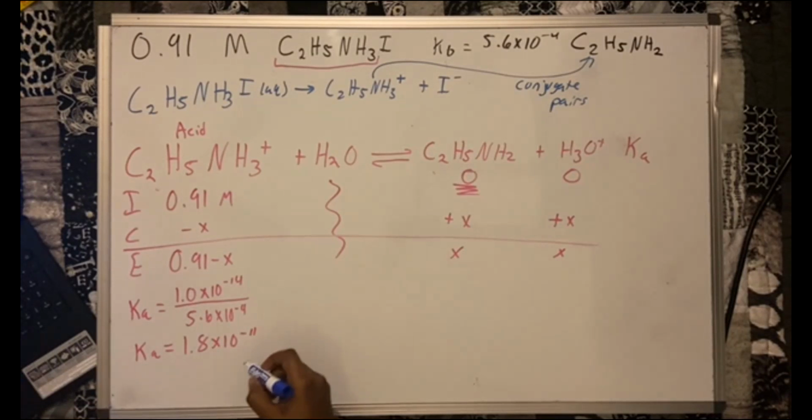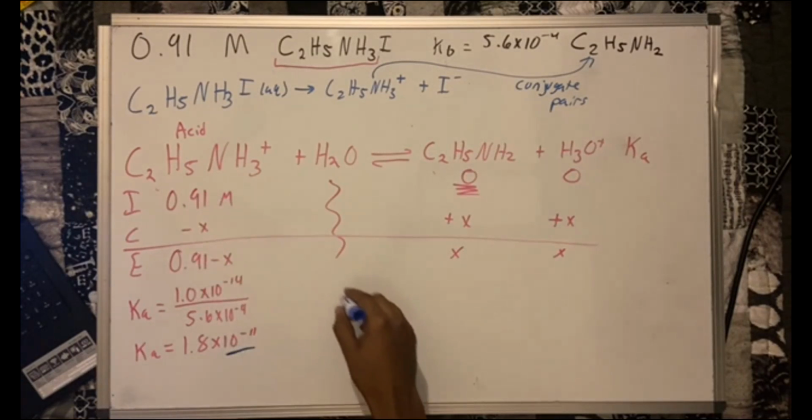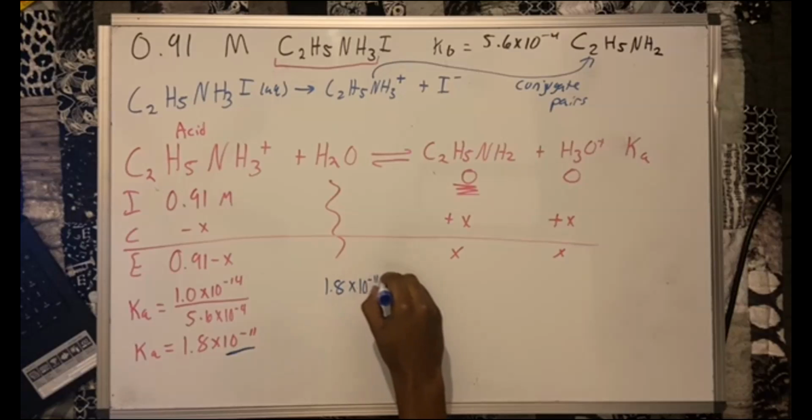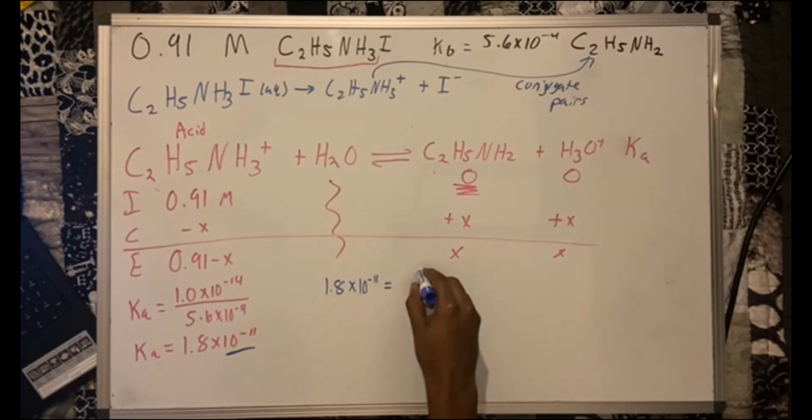Okay, going back, that's 10 to the negative 11, so I can make my x small. 1.8 times 10 to the negative 11 equals x squared over 0.91 molar.